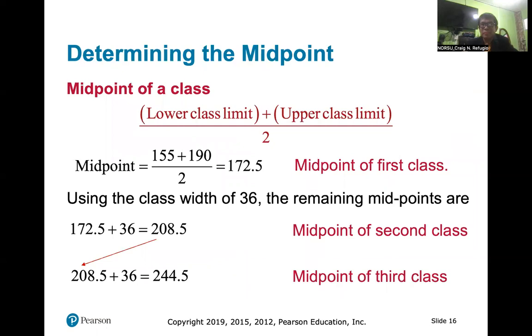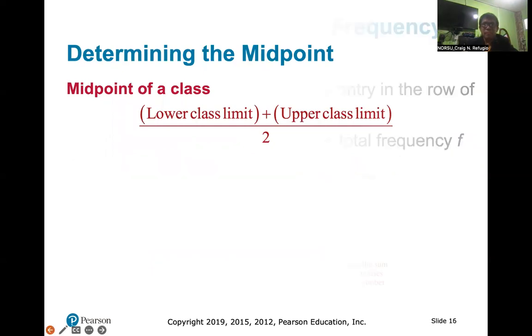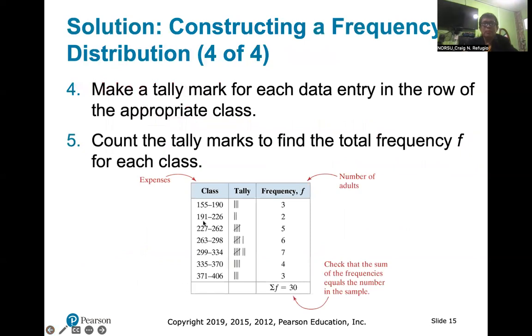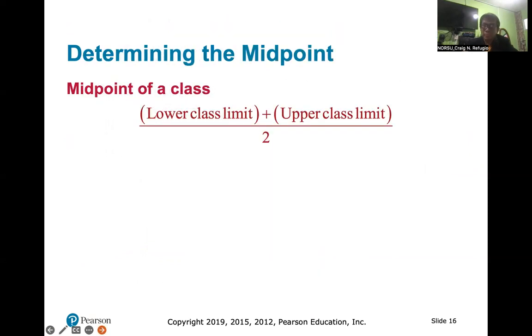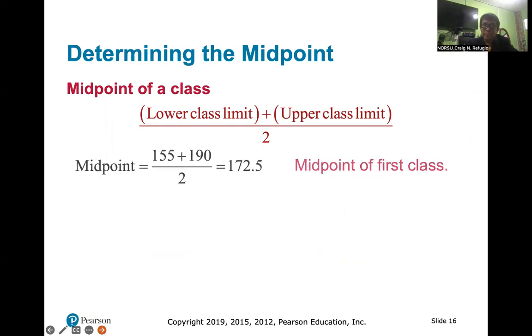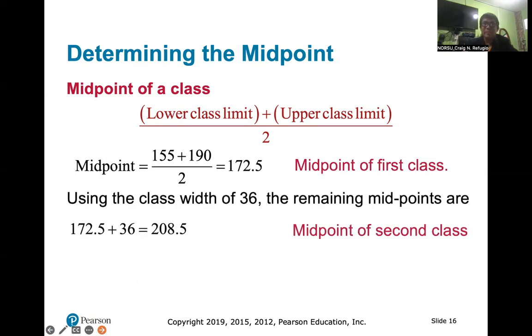Take note of that. So we have 155 plus 190 divided by 2, 191 plus 226 divided by 2, and so on to 371 plus 406 divided by 2. That's how we calculate the midpoint of a class, or class midpoints.